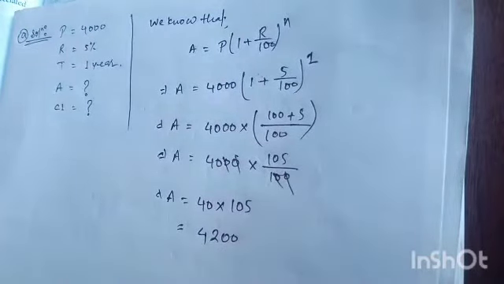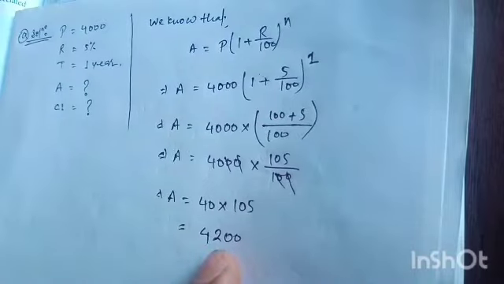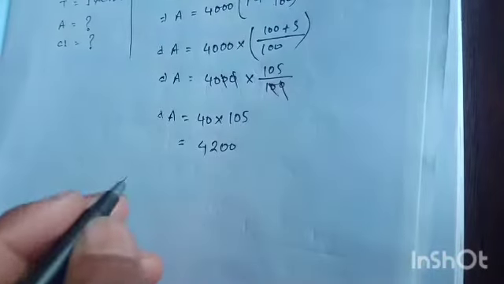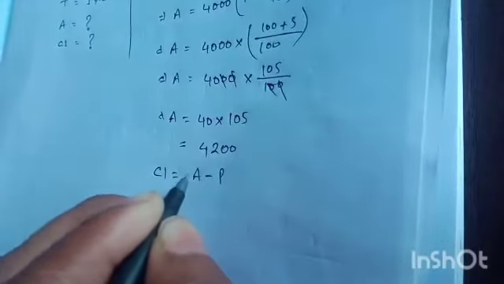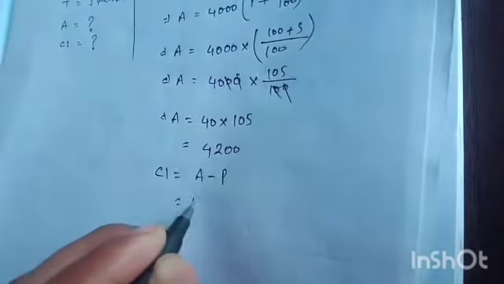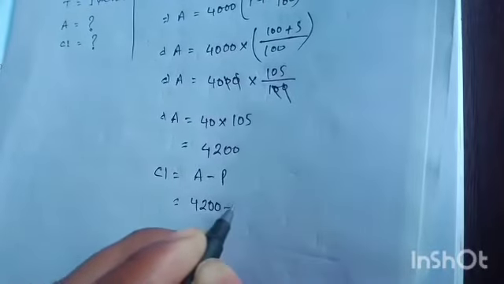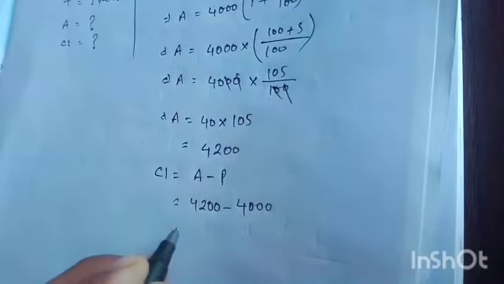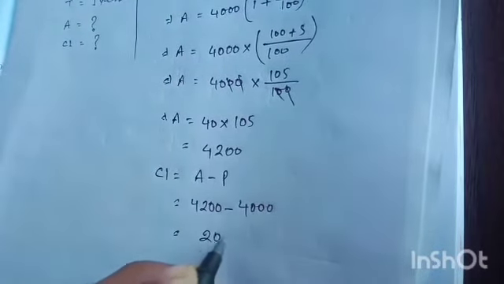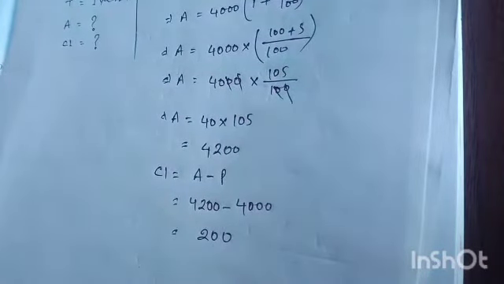So the amount will be 4,200, right? Then the compound interest CI is equal to how much? Amount minus principal, right? So 4,200 minus principal, which is given to us as 4,000 rupees. Yes. So compound interest will be how much? 200. Okay. So understood, guys? I hope you understood. Okay.